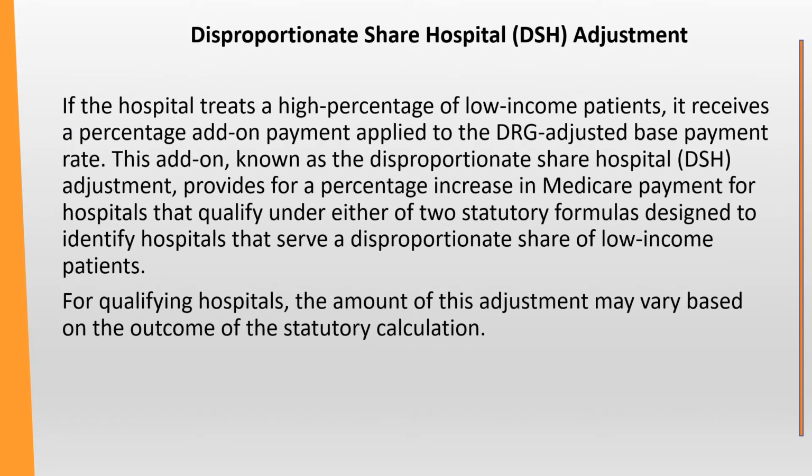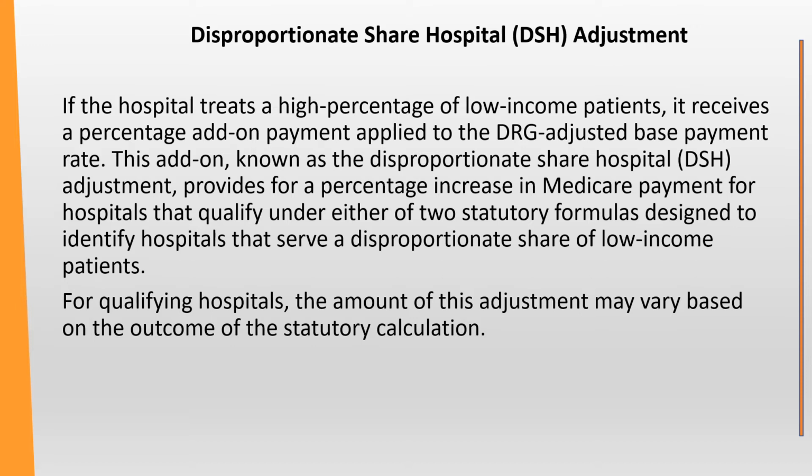Now I will talk about another add-on payment known as Disproportionate Share Hospital, or DSH adjustment. If the hospital treats a high percentage of low-income patients, it receives a percentage add-on payment applied to the DRG adjusted base payment rate.